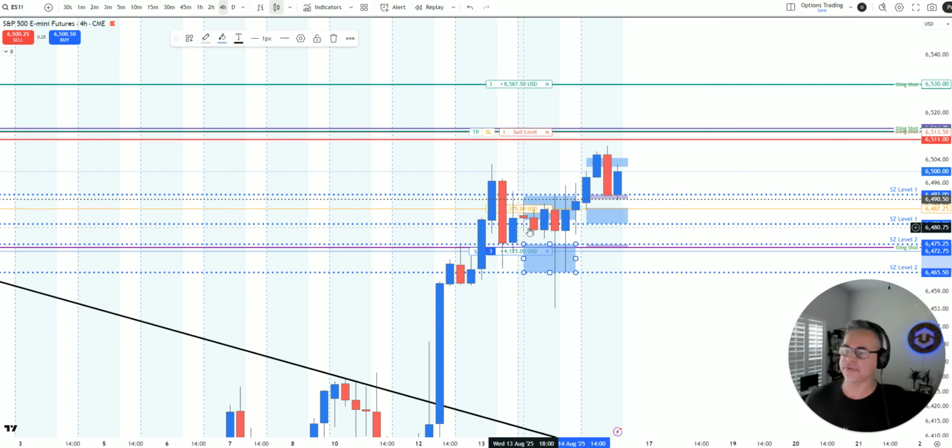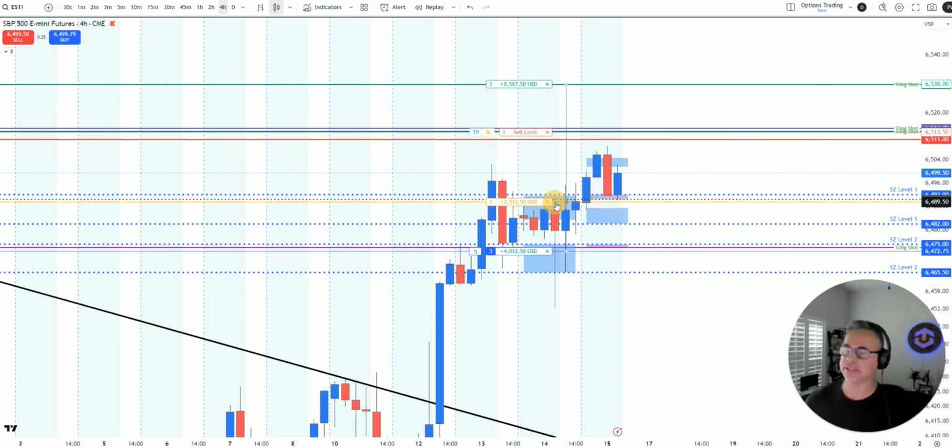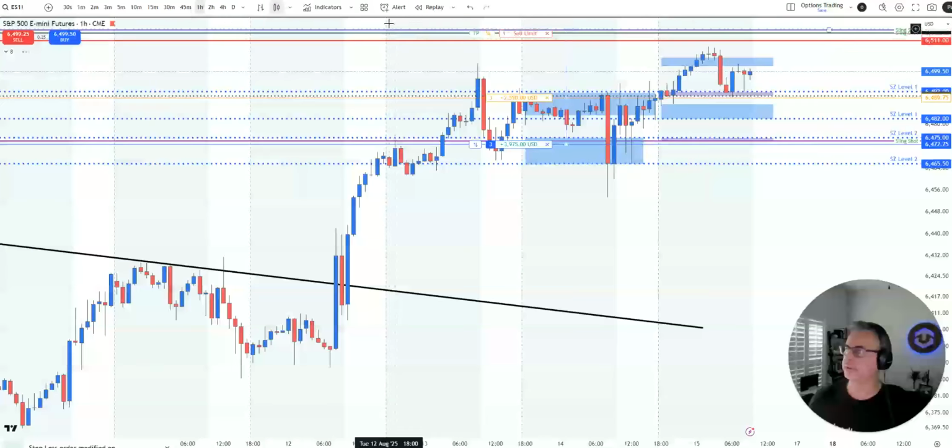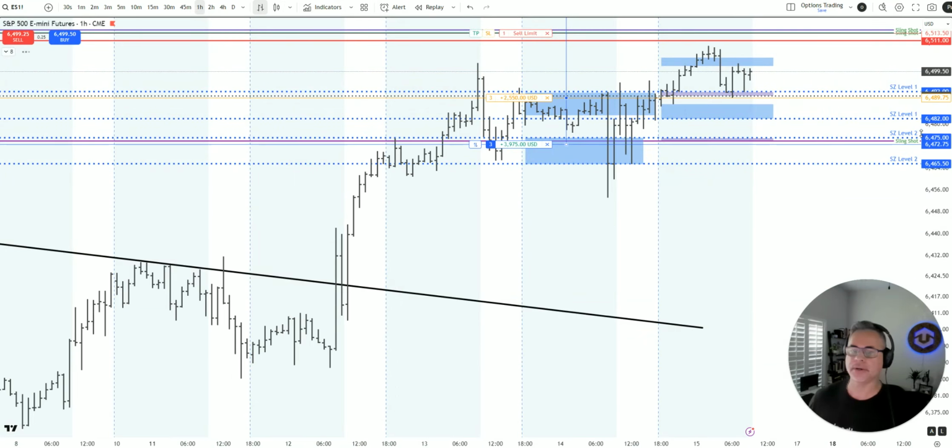This was a zone of expected rotation to look for an opportunity to go long. That's the reason for this potential entry that we had. And now we're trailing the stop, and the way that we're trailing the stop, we're using the same zones that provide potential for trailing the stops.